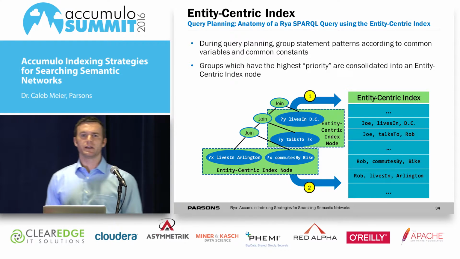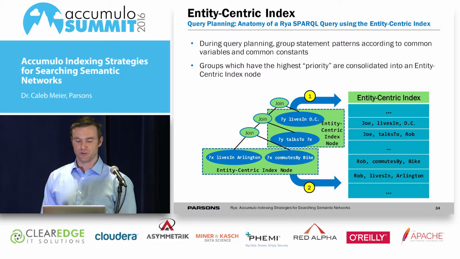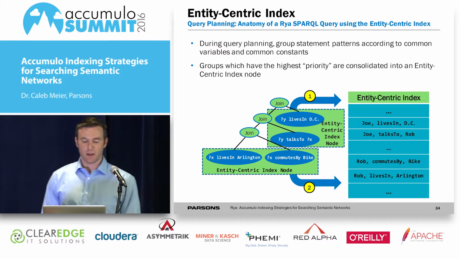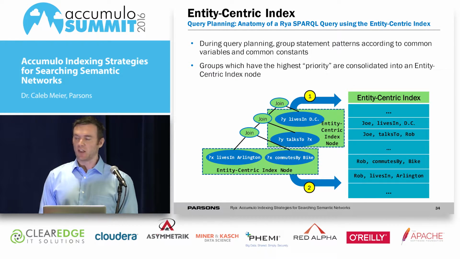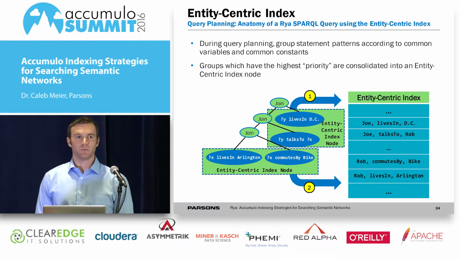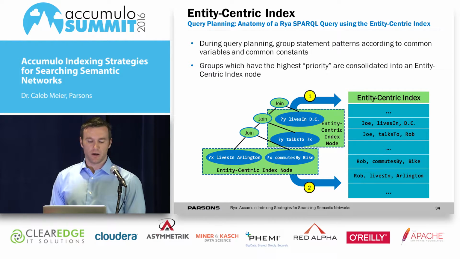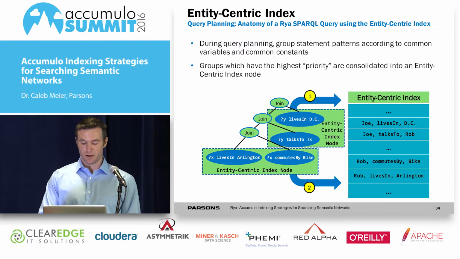And so we use our entity-centric index much like we use our precomputed join index. We essentially take our query, and during query planning we bin up the statement patterns which have common variables or common constants, which meet one of the entity-centric query types that we describe here.